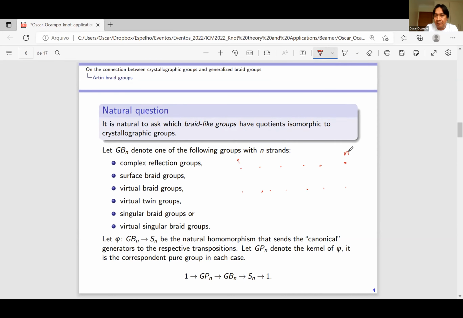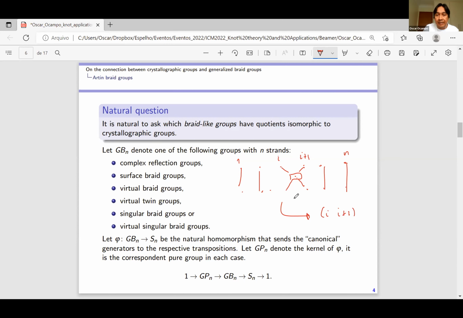You have a lot of strands, and you take some crossing at position i, maybe classical, virtual, singular, flat, etc. Even in the case of twin, some kind of twin crossing. You may associate to this crossing the permutation (i, i+1) for all of them.